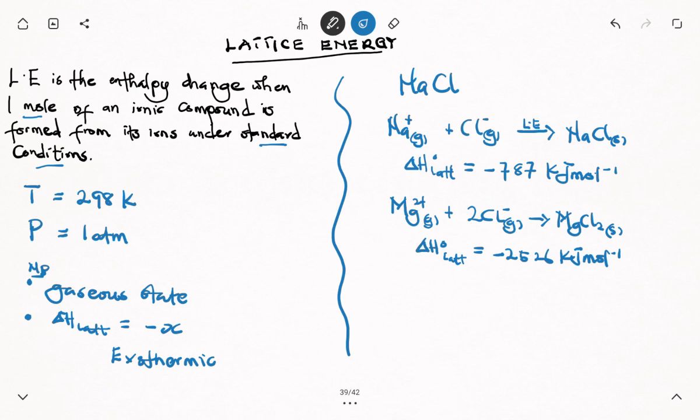Now, should we define this as the energy required to break the ionic bond, then it is going to be an endothermic process because you will need energy to break the ionic bond. All right, so 2 terms to look at. The first one is enthalpy of atomization.